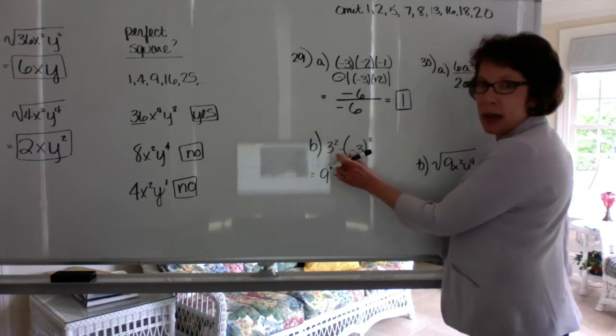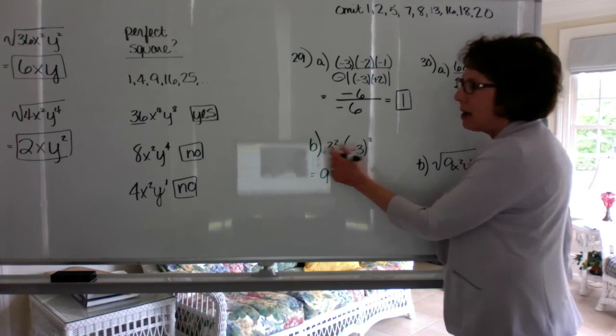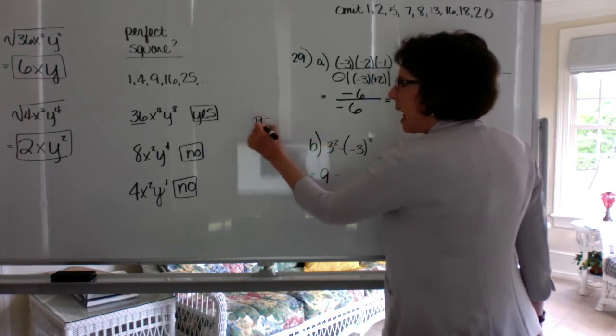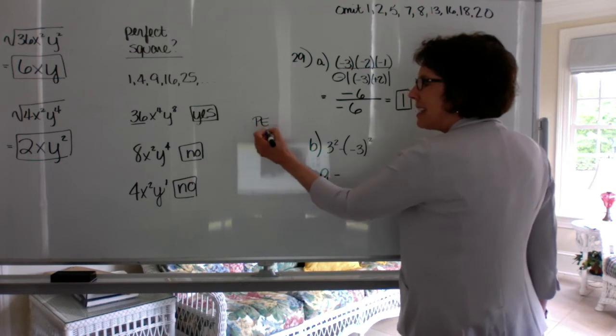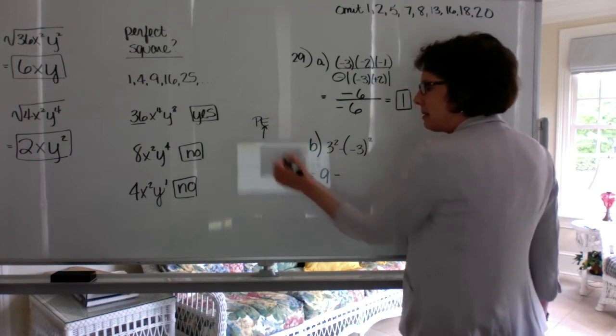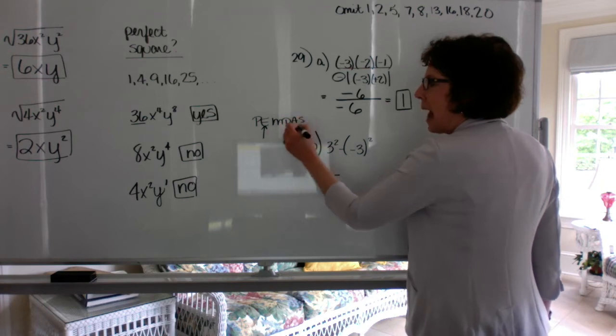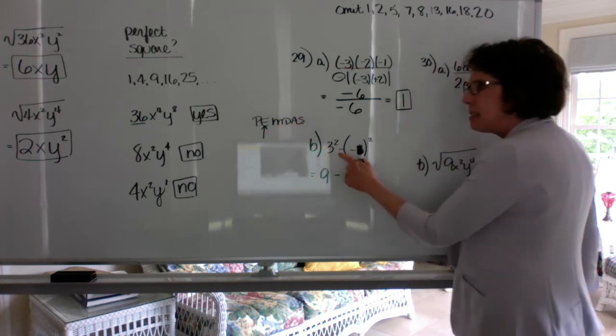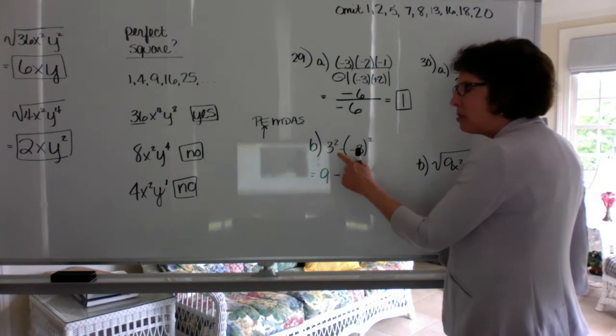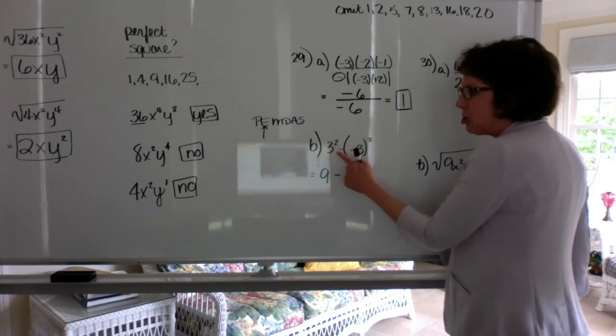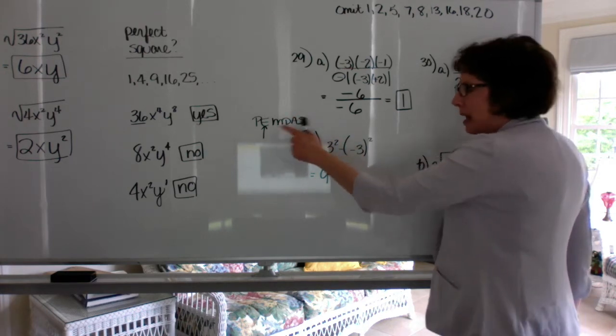You cannot make that a plus plus right now because PEMDAS says that I have to do parentheses, then exponents before I multiply and divide and before I add and subtract. And this is subtraction. I cannot do subtraction by changing that to a plus plus. I have to do the exponent first.